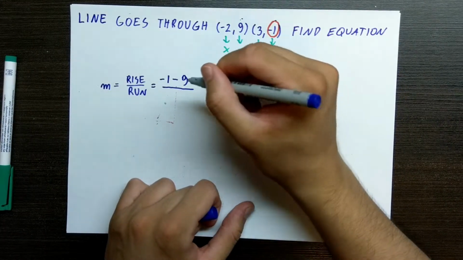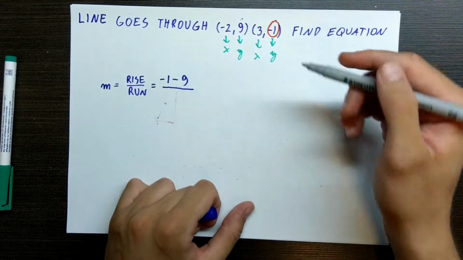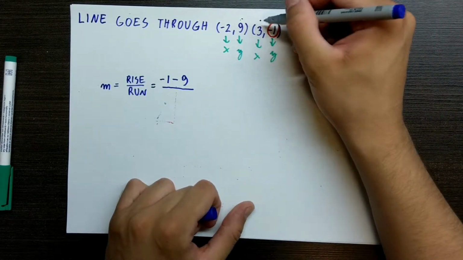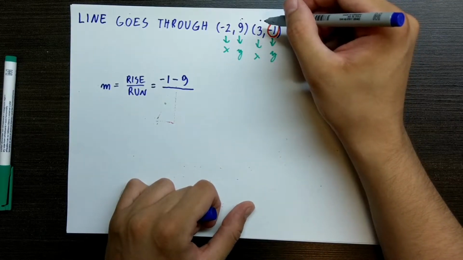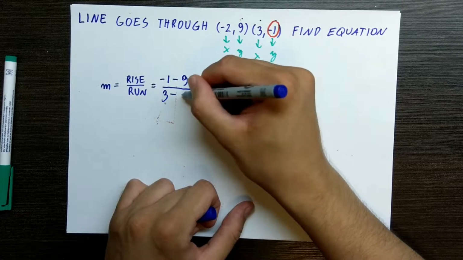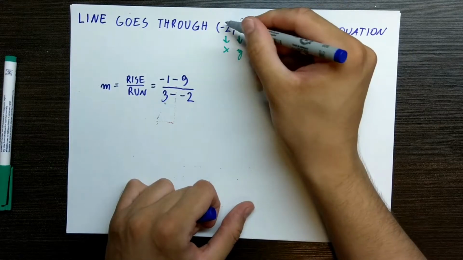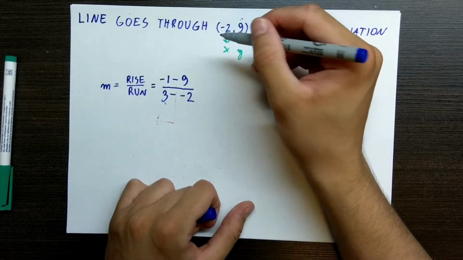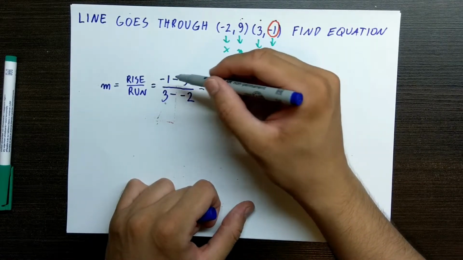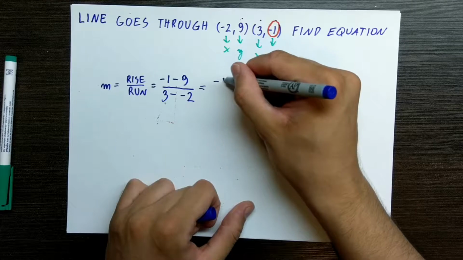And how do you figure out the run? Well, again, the same way. We start with the ending point. So we find the difference: 3 minus -2, because here we have a -2. And this will give us -1 minus 9 is equal to -10.